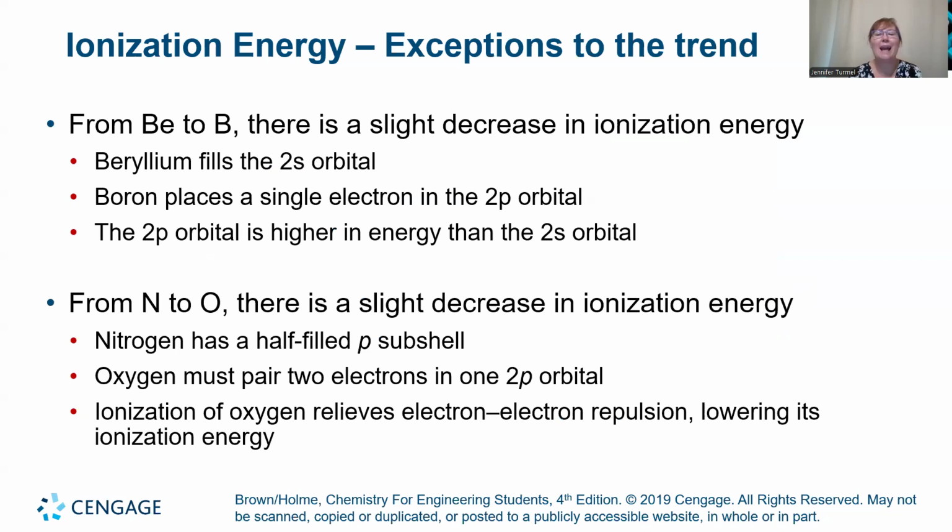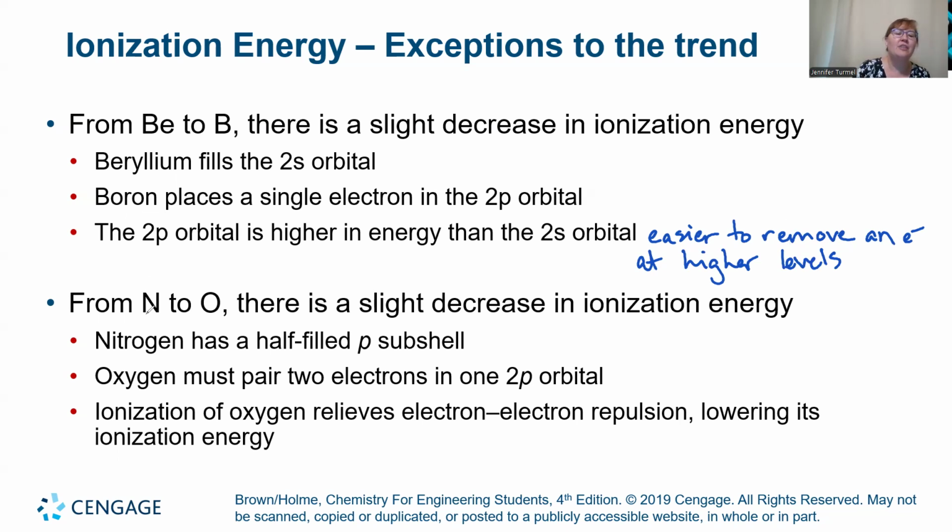The 2p orbital is higher in energy than the 2s orbital, and it's easier to remove an electron from higher energy levels. And so that's why we see a decrease from beryllium to boron, and every time we go from 2A to 3A.